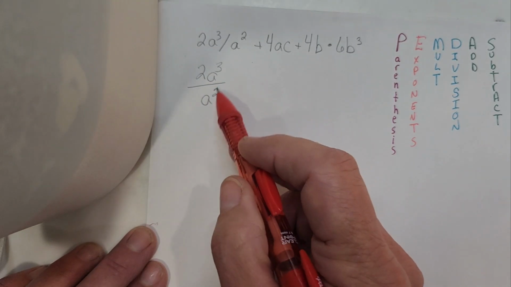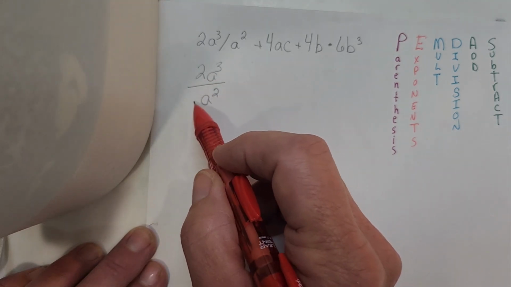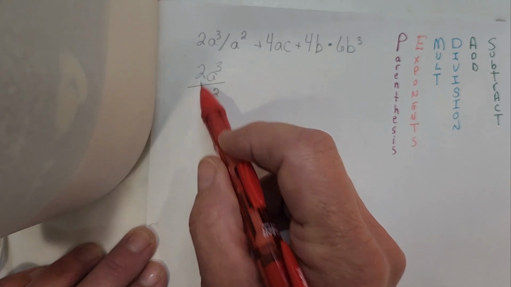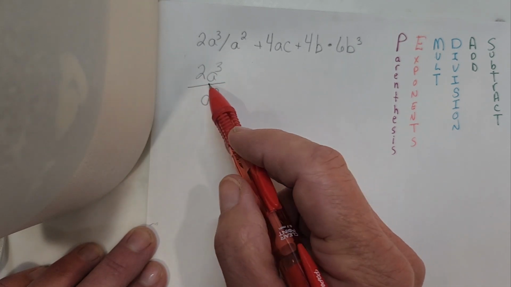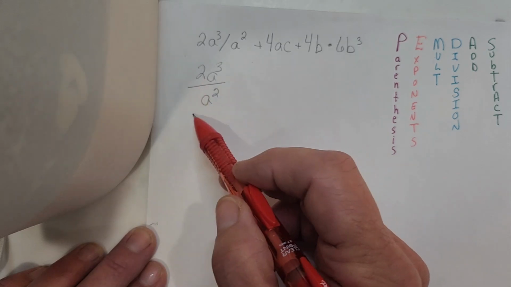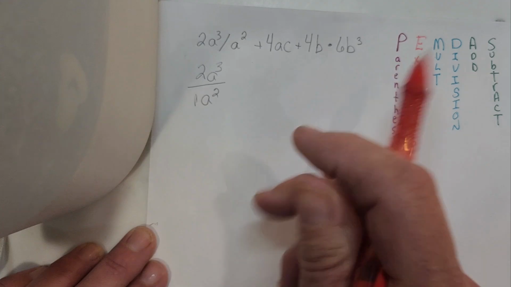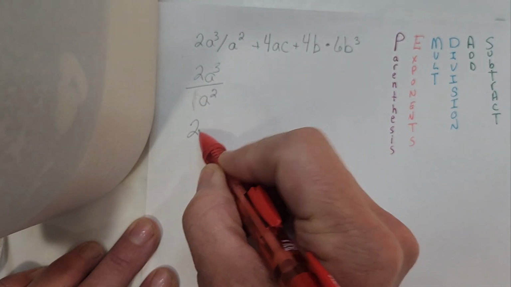If there was a number here, like a 1 or anything, you would actually divide the numbers. If there's not, then that just stays the same. So there's nothing to divide the 2 by, so that's going to stay 2.